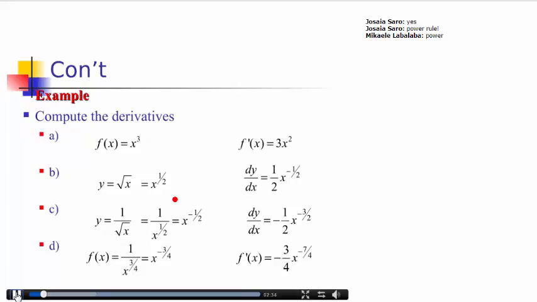squared. Similarly, now whenever we have a function in terms of a root, so it's written here y is equal to root of x. So whenever we have a function of this kind, we always have to change the form of that function in terms of x to the power half, in order to solve for the derivatives.